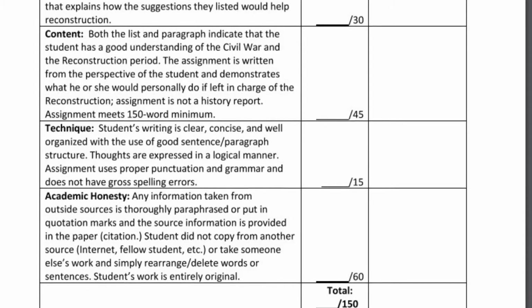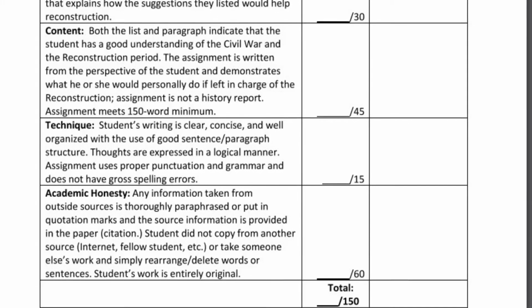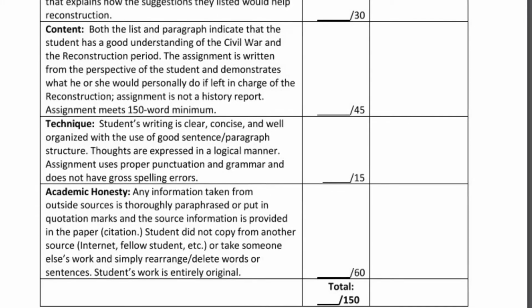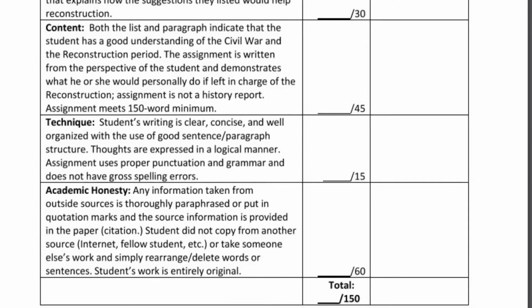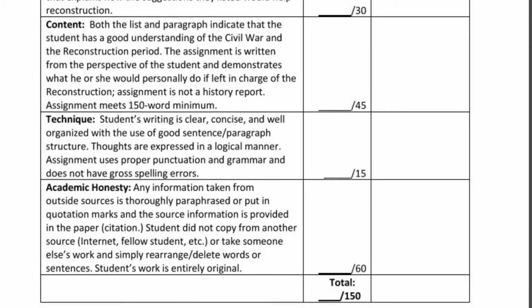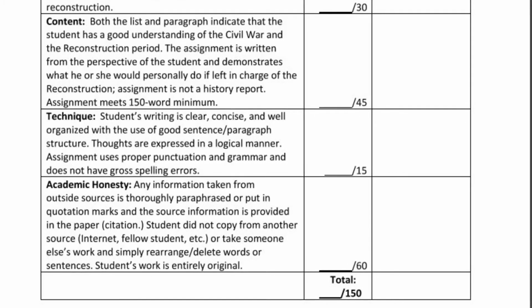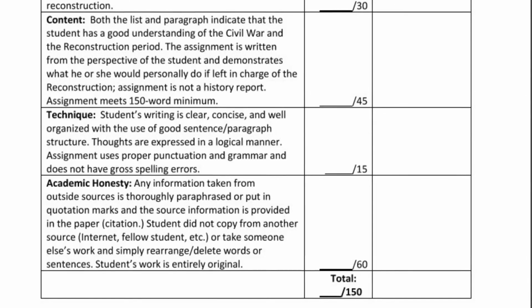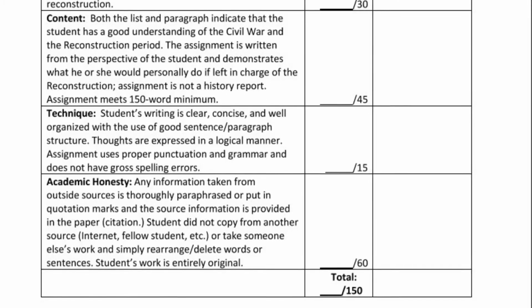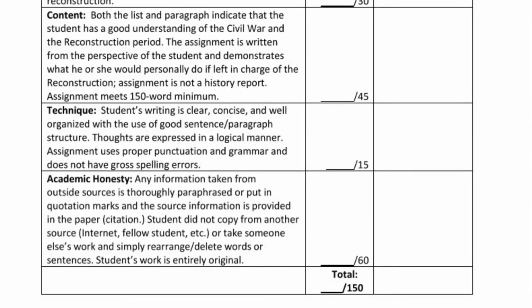So you need to go through and reread your paper and proofread it for any errors. Then underneath that is a very important thing on academic honesty. It says any information taken from outside sources is thoroughly paraphrased or put in quotation marks, and the source information is provided in the paper.